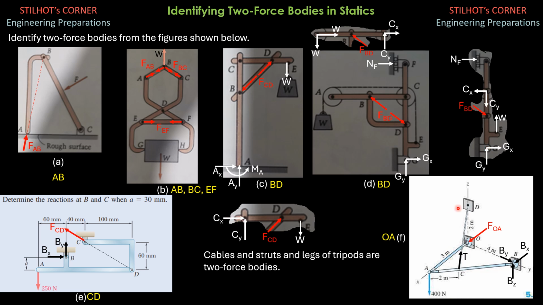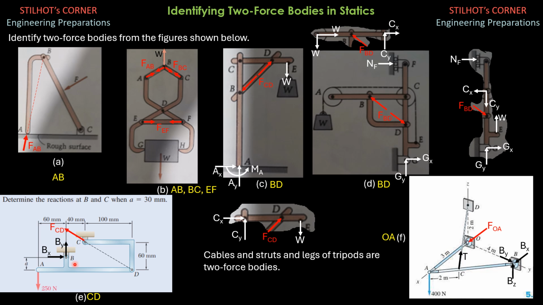Then take note that cables, struts, and legs of tripods are two-force bodies, as long as there's no load in between the ends of that body. For this system here, there's one two-force body, and that is CD. In between C and D there's no load, so the direction of FCD, considering the entire system, may be up to the left.